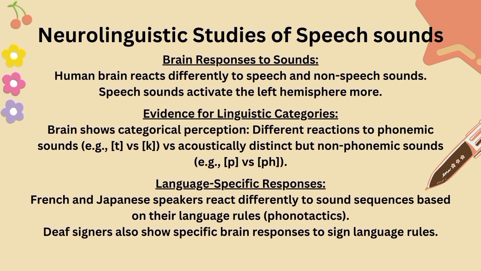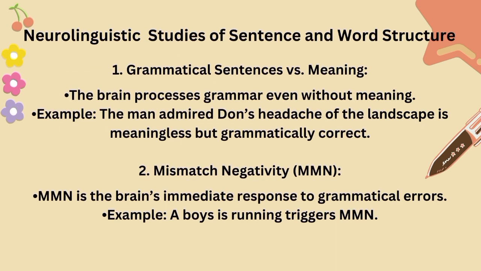So now, let's move to neurolinguistic studies of sentence and word structure. Number 1 is grammatical sentences versus meaning. The brain processes grammar even without meaning. For example, "The man admired Don's headache of the landscape" is meaningless but grammatically correct. This also shows that the brain reacts differently to meaningful sentences and meaningless ones.